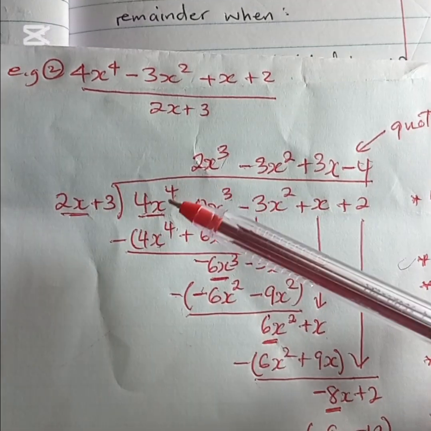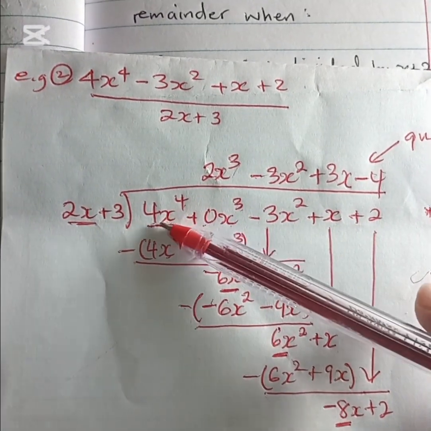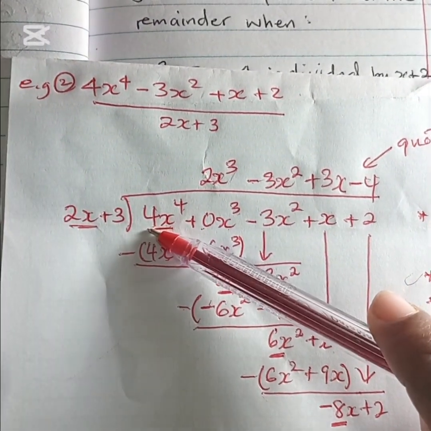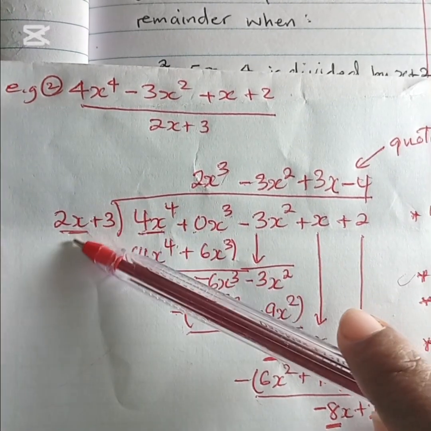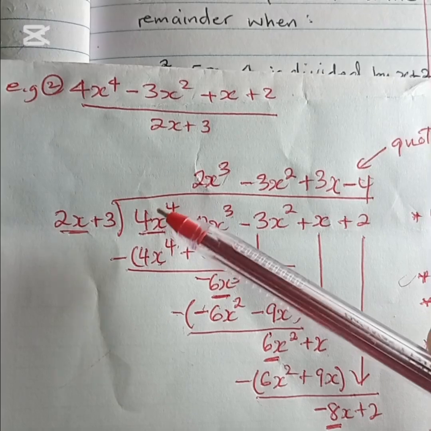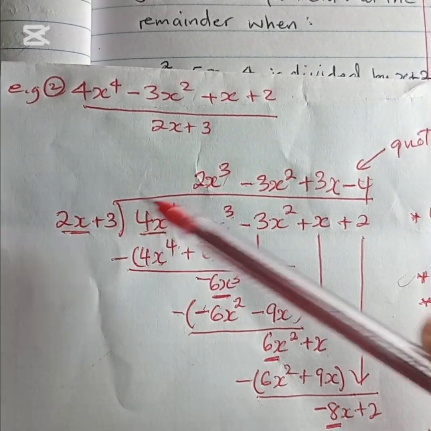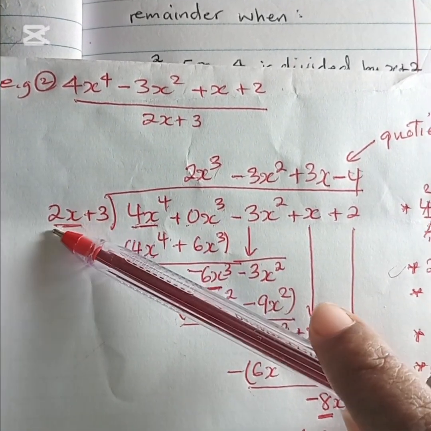So as we are dividing, we look at the leading term of the dividend and the leading term of the divisor. So we go 4x to the power 4 divided by 2x.